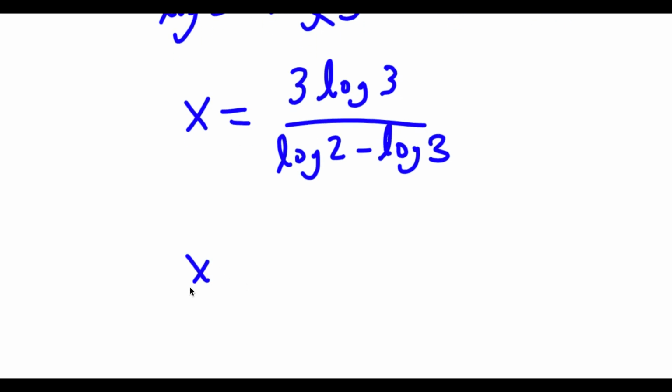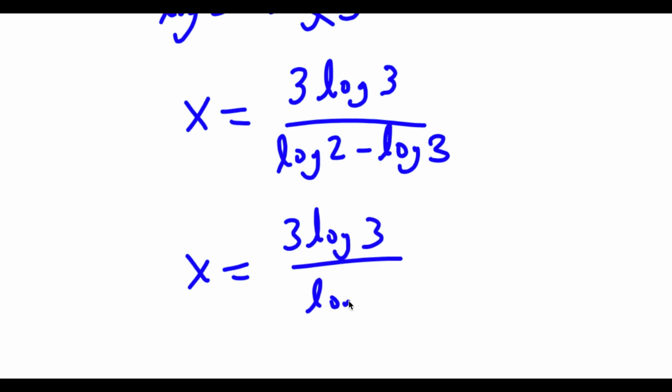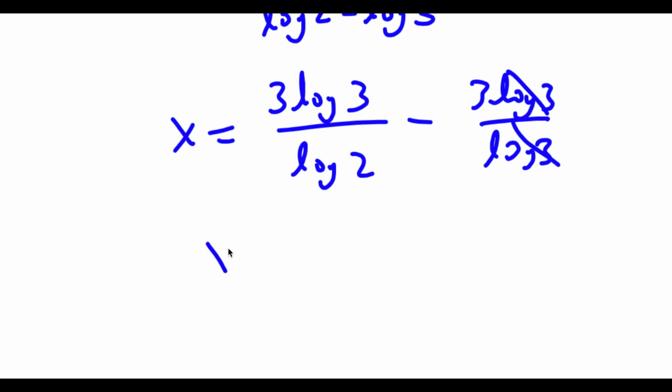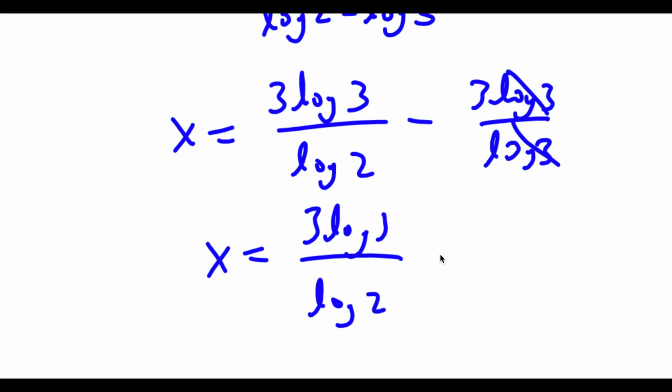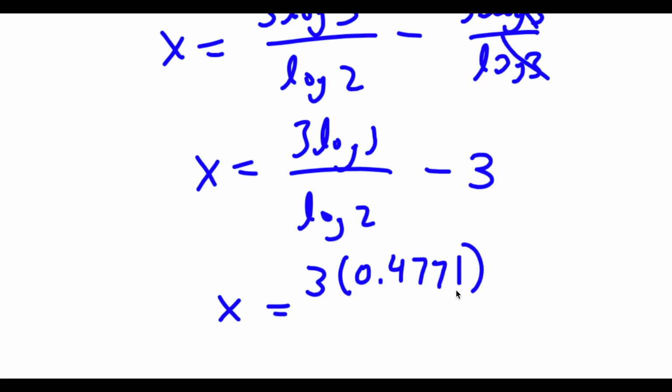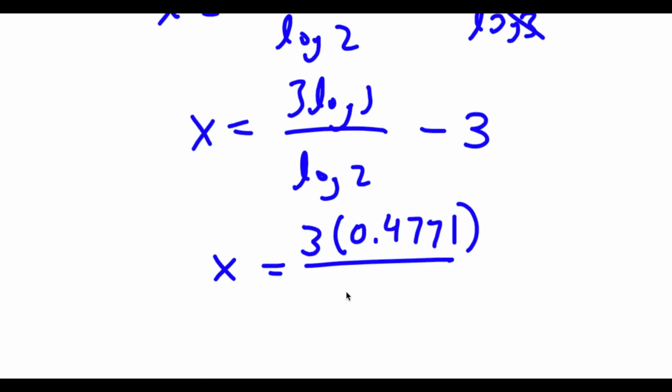Now I can rewrite this as 3 log 3 over log 2 minus 3 log 3 over log 3. So then these two cancel out, and I get 3 log 3 over log 2 minus 3. Now log 3 is equal to 0.4771, and log 2 is equal to 0.3010.